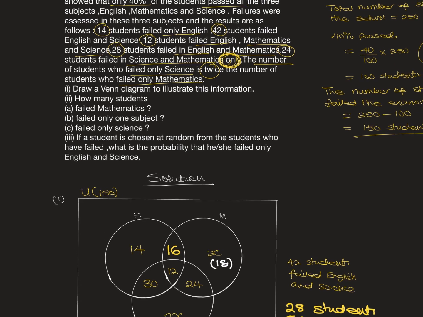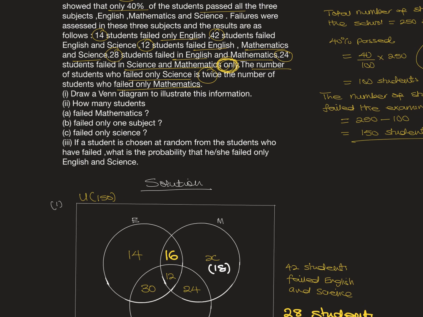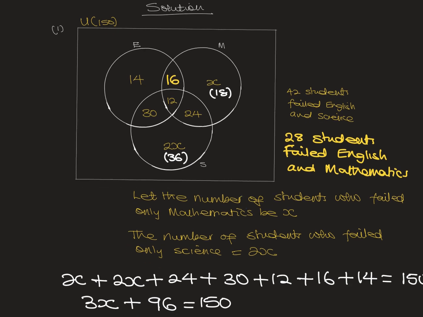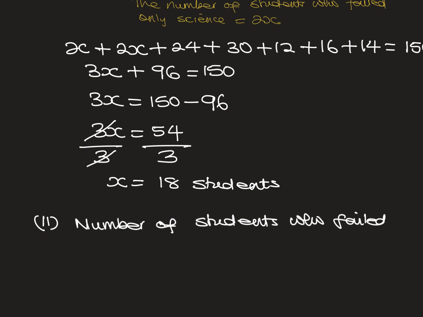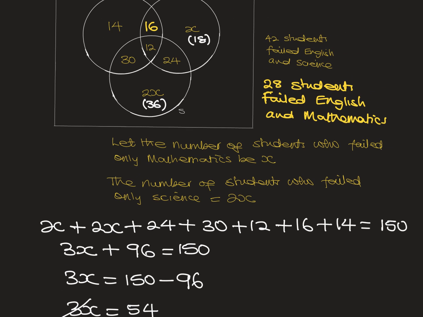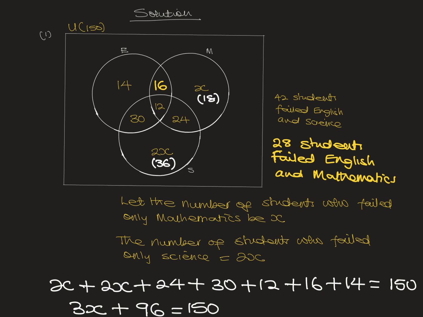Question 2, it says, how many students failed mathematics? Okay, so this is different from only mathematics. Number of students who failed mathematics. What is that from the Venn diagram? It is the whole of this circle.